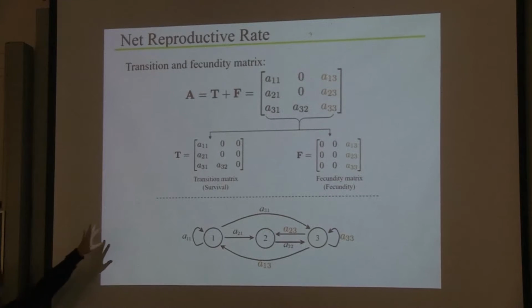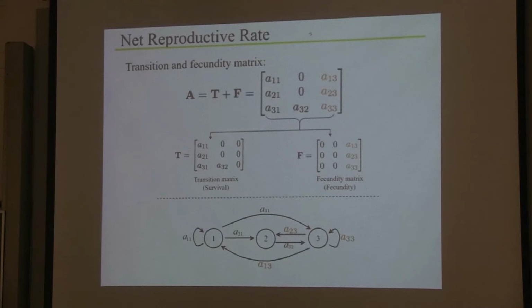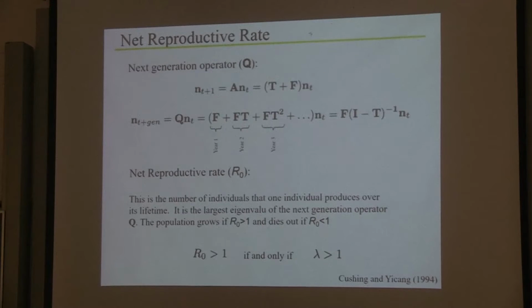And we call them T and F. And then this is our model at the top there. And at the next time step is A times N at this time step. But we can come up with this new operator if we want to, which is called the next generation operator.